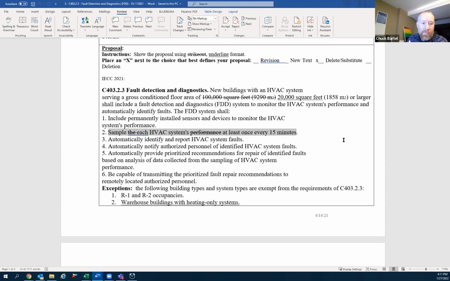So I just think in general, this section is going to be tough to apply for the public and as a member of the city of Denver. So that's my comment on that.